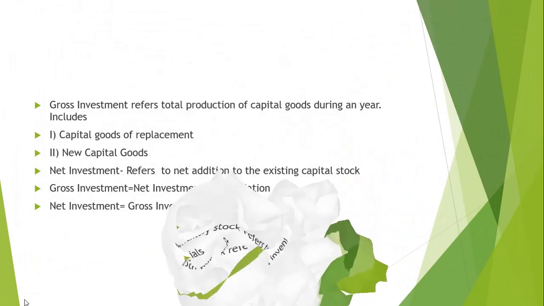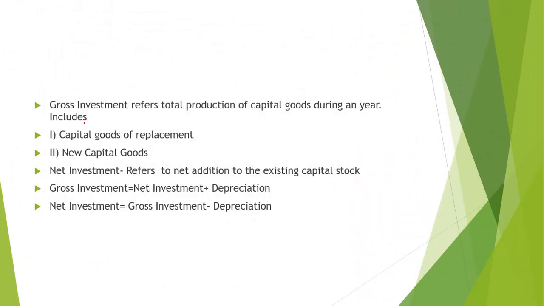Now, gross investment. It's actually a basic term: what is gross investment? Gross investment refers to the total production of capital goods during a year. Capital goods, as I told you, are the goods which are produced and which help in producing more goods.